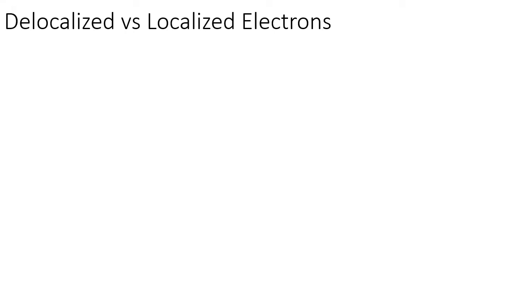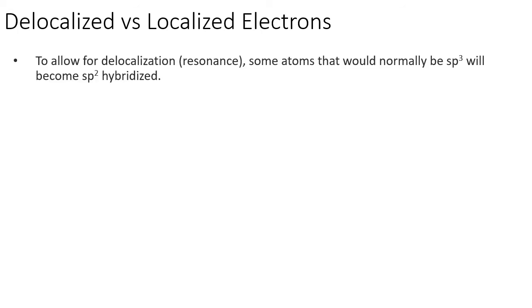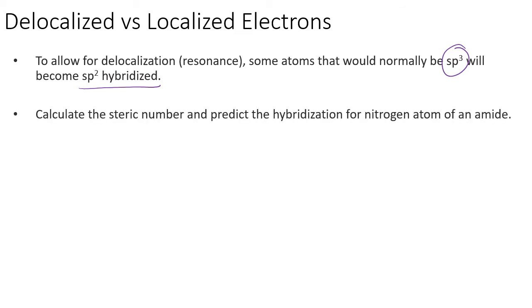When looking at electrons that can be delocalized versus ones that are stuck or localized, it's really interesting because if we look at our amide molecule that we saw on the previous slide, sometimes atoms that you would think are going to be sp3 hybridized will actually become sp2 hybridized just so they can participate in resonance. So if we look at an amide, which remember is where you have a carbonyl next to a nitrogen, we have that carbon-oxygen double bond, which is bonded to a nitrogen atom.